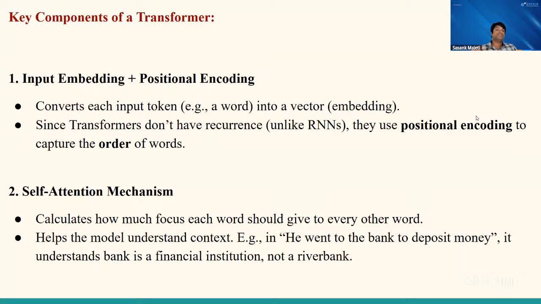They have this input embedding, which is related to word embeddings and word to vector models, everything we have seen. All these things are related to the transformer. The second point is the self-attention mechanism, which calculates how much focus each word should give to every other word.